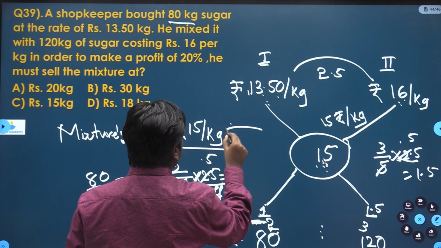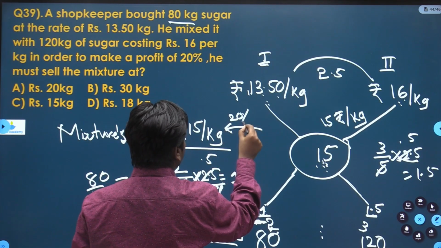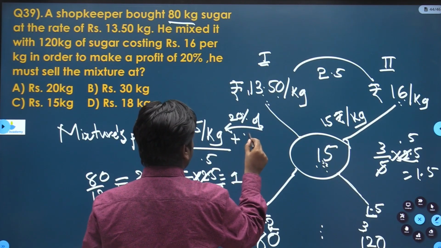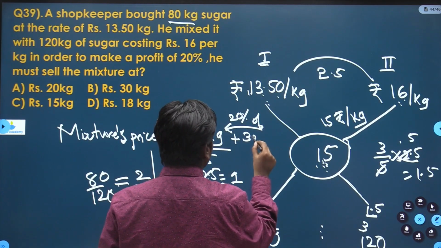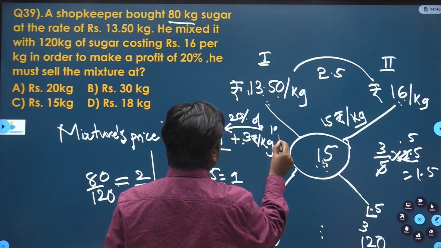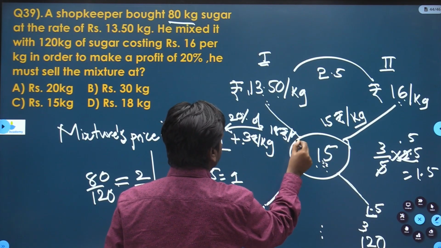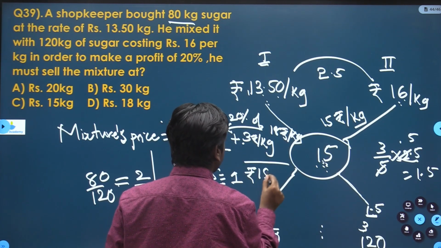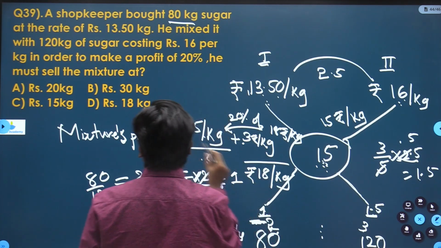What is 20% of 15? 3 rupees per kg. So we are selling this mixture for 15 plus 3, 18 rupees per kg.